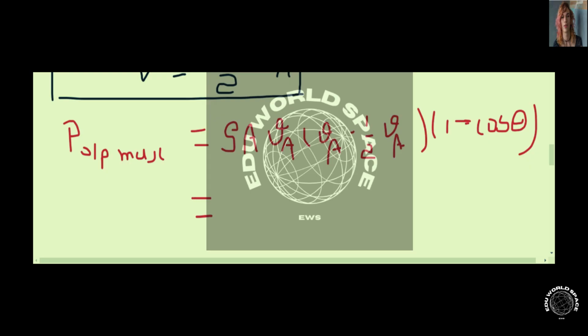Let's simplify this one. So I will get 1 by 4 rho A V_A cube times 1 minus cos theta.